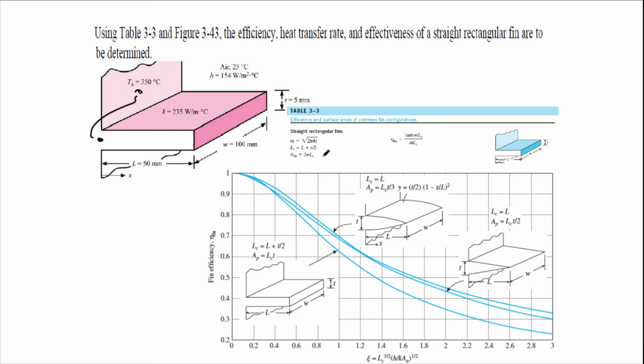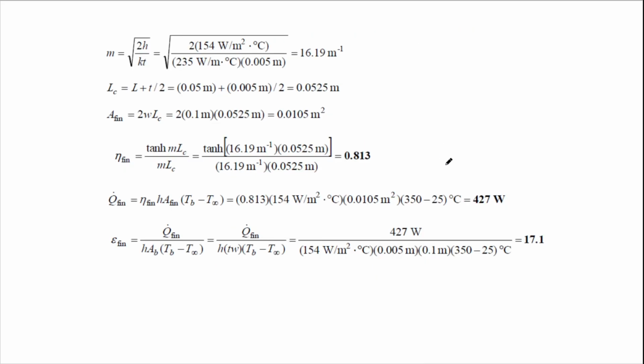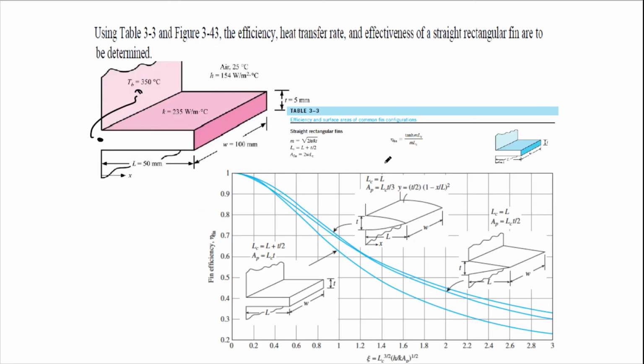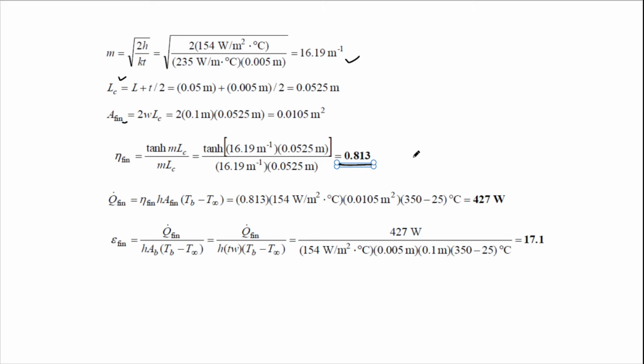So you can use this equation. This is m, a constant consisting of the heat transfer coefficient, the thermal conductivity, and the thickness. Next we want to find the corrected length and the area of the fin. Then you can use this equation in the table to get the fin efficiency, which is basically 81%.